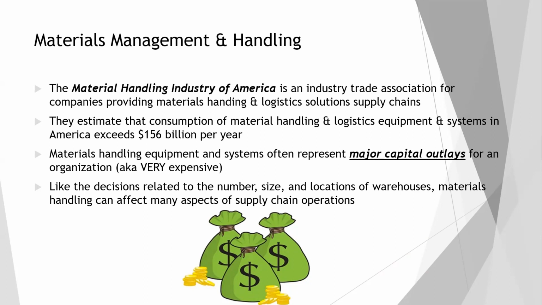So companies are buying material handling equipment and systems at an astounding rate of $156 billion per year. And you can imagine that materials handling equipment and systems are often a huge, major capital investment. It's a lot of money for an organization. It is incredibly expensive. So very similar to the decisions that we talked about in our warehouse section in terms of the number, the size, and the location of warehouses, materials handling can affect many aspects of supply chain operations.